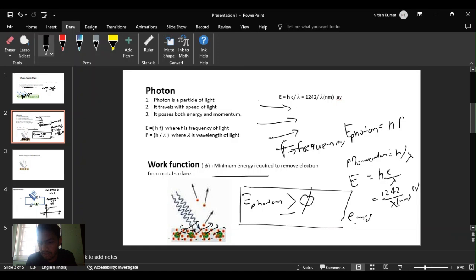If this condition is satisfied, then emission will occur; otherwise emission will not occur.